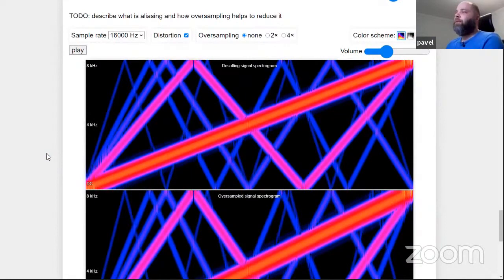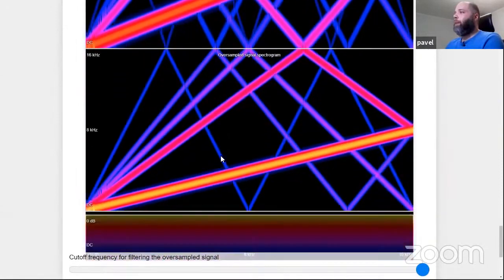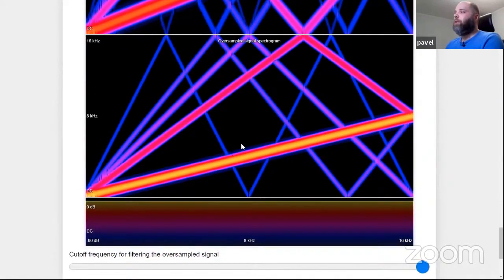And all different effects happen. And I'd say that most of the time, these bouncing effects, like rising and falling tones, are unwanted when we process our signal. So what we can do is use oversampling. Here we upsample our initial signal twice.